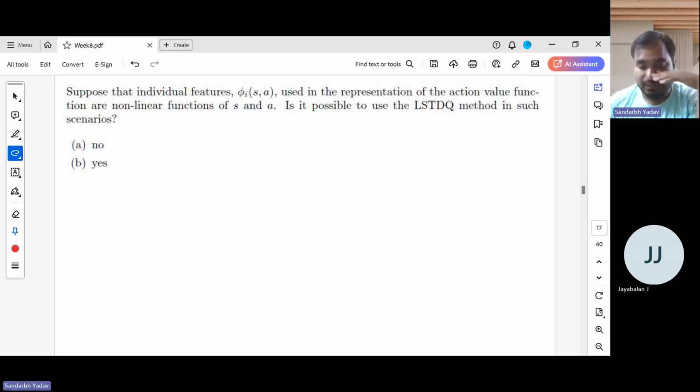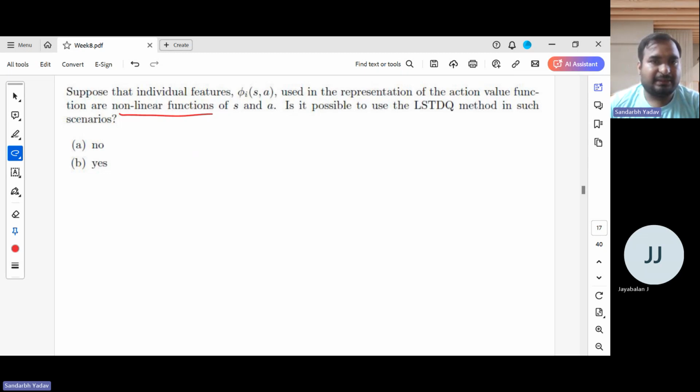So now the next question says, suppose that the individual features phi a S A used in the representation of the action value function are non-linear functions of S and A. Is it possible to use the LSTDQ method in such scenarios?